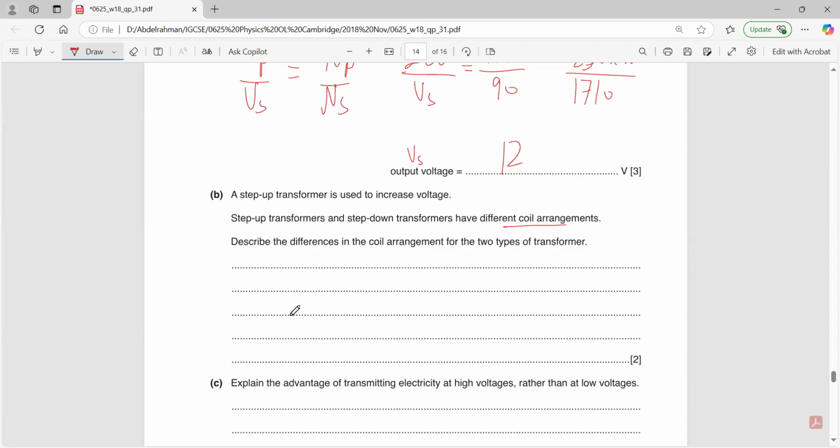It doesn't really matter. Let's write down, for example, the step-up transformer.